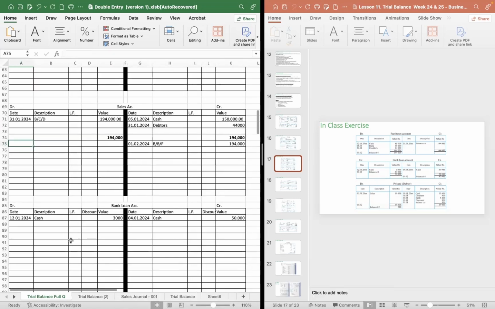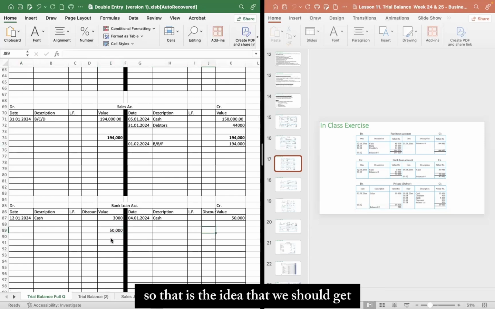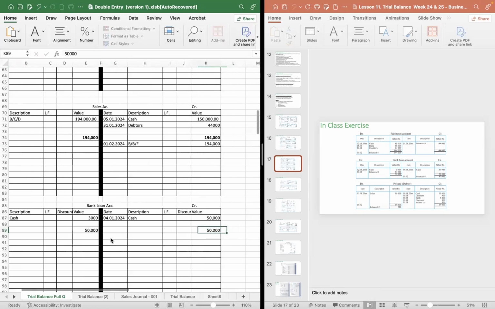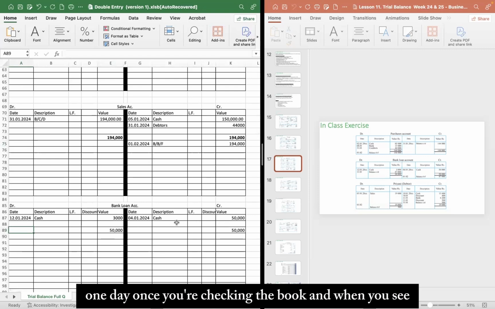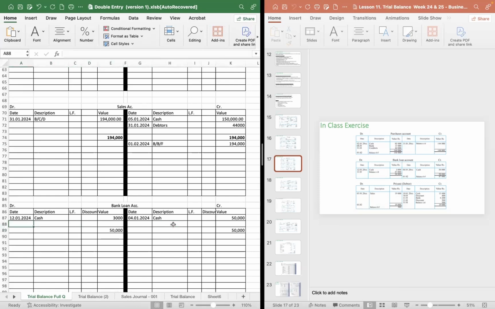That understanding is what we should gradually develop. As we are moving on, we have done so many lessons. That is the idea we should get as commerce students and as management people. Even if you are a doctor or an engineer one day, when you are checking the books and you see the bank loan account has a debit balance, you should know there is some problem.